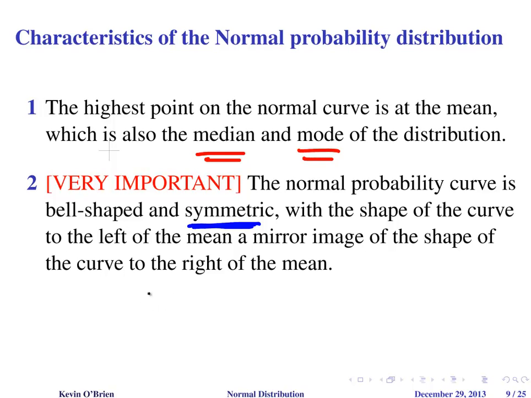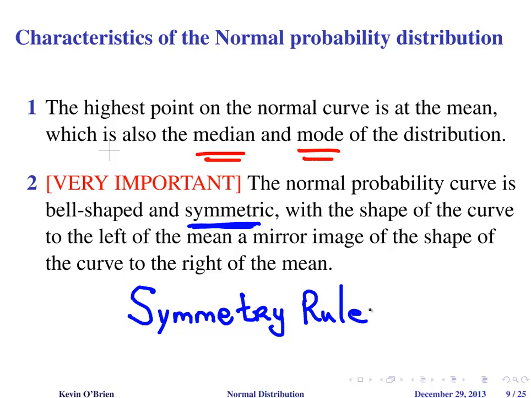This underlines a very important rule for dealing with the normal probability distribution, called the symmetry rule, and it's how you would deal with negative values. It's so important, it's worth its own presentation, so look out for that.